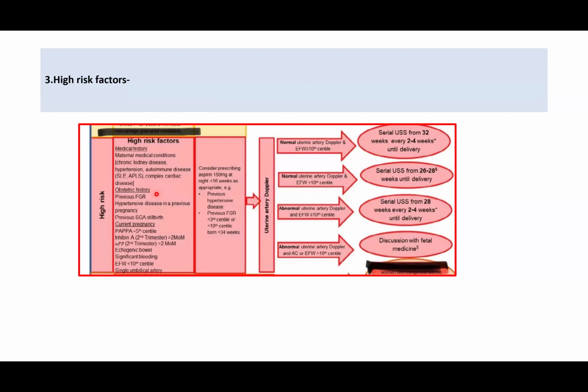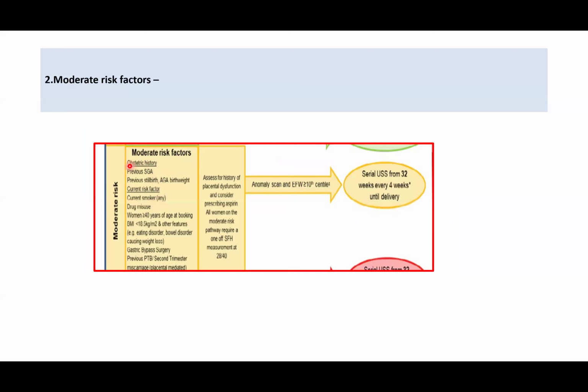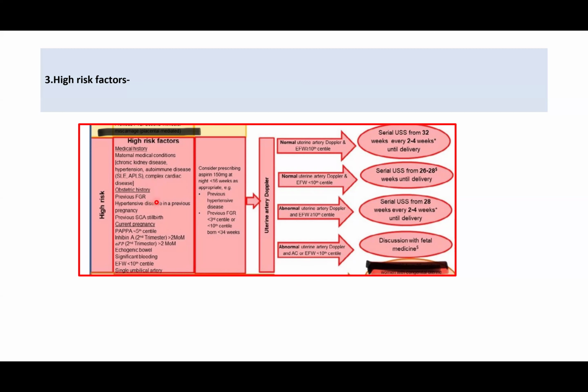In the obstetric history, an important history will be previous FGR. In the moderate risk factors, it was previous SGA. Here, if it is previous FGR, then this is a high risk factor. Also hypertensive disease in a previous pregnancy and previous SGA stillbirth.